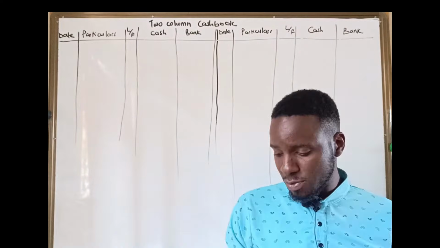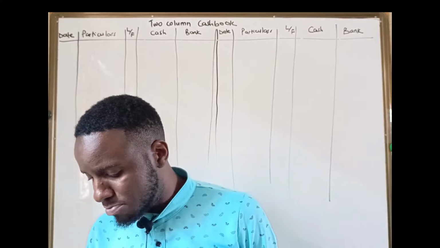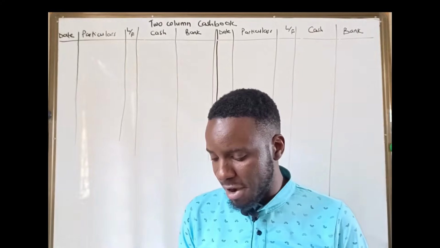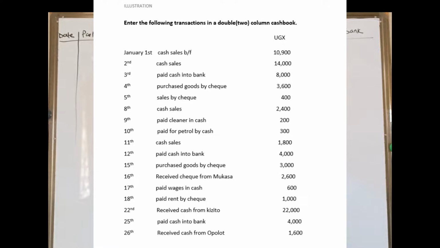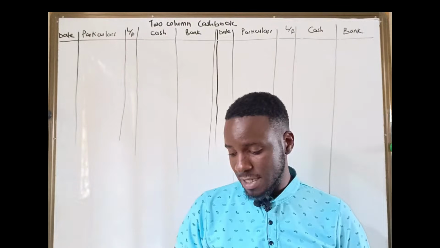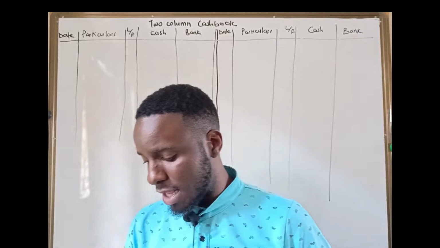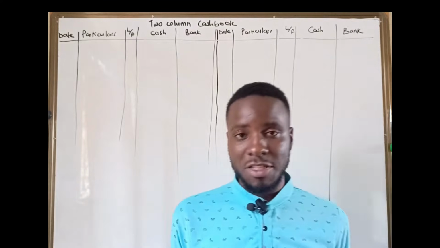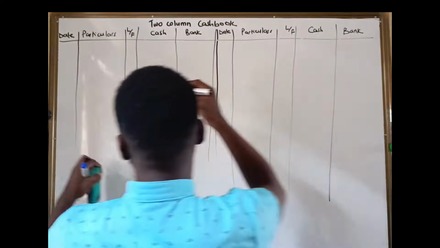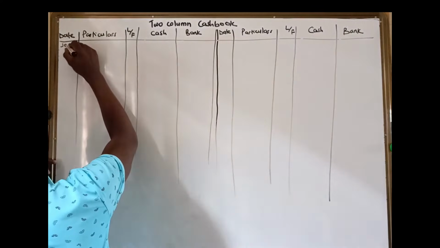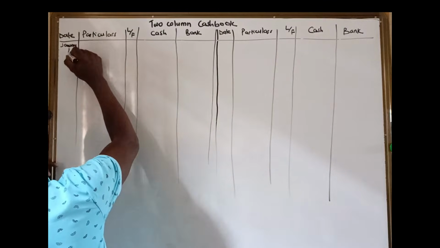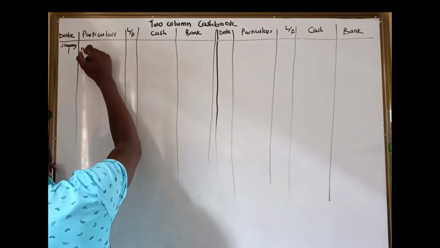Now, let us see. The first transaction says cash balance brought forward on January 1st. So we are doing transactions for the month of January, and on January 1st there was a cash balance brought forward worth 10,900.